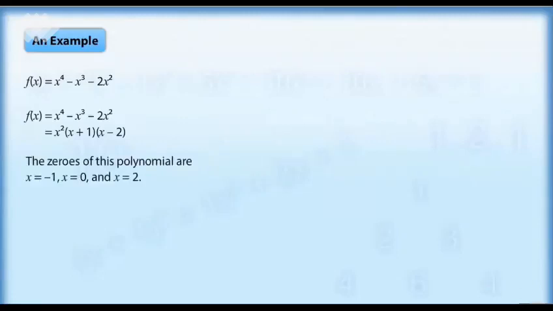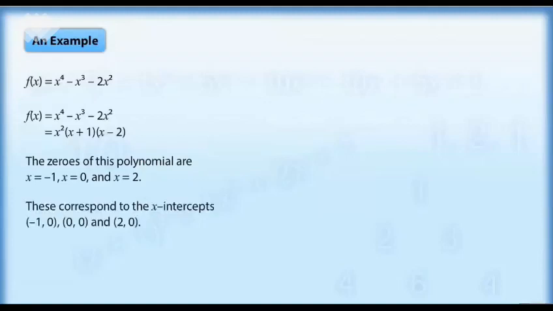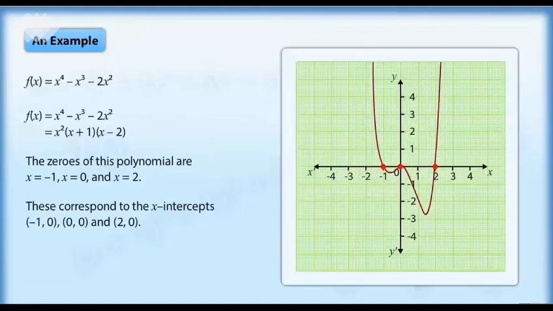The zeros of this polynomial are x = -1, x = 0, and x = 2. These correspond to the x-intercepts (-1, 0), (0, 0), and (2, 0). The graph shows that there are 3 turning points. Since the degree is 4, this is the maximum number possible.